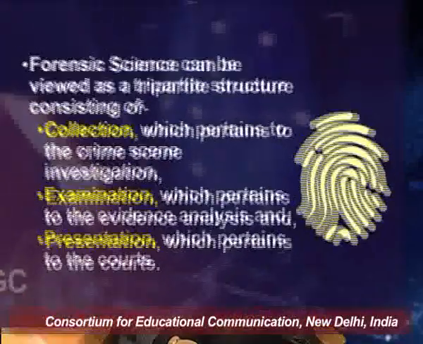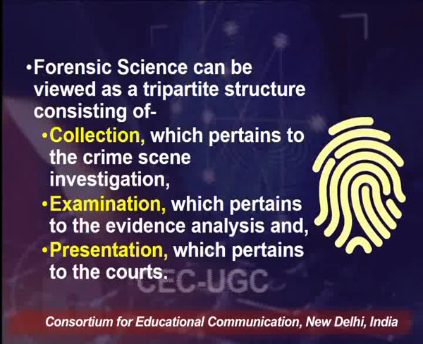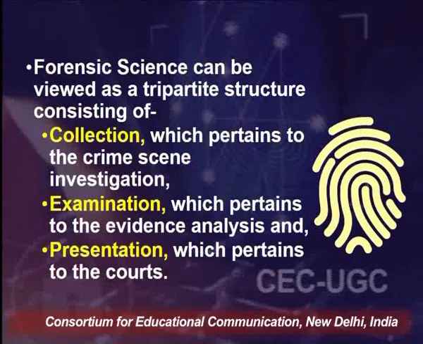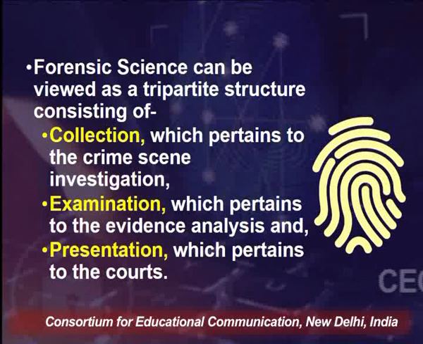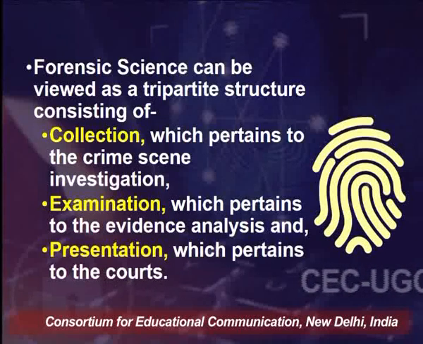Forensic science can be viewed as a tripartite structure consisting of three major elements: collection, examination and presentation. Collection begins at the crime scene, which pertains to crime scene investigation, where we collect various physical evidences. These physical evidences then go to the forensic science lab, where they are examined.